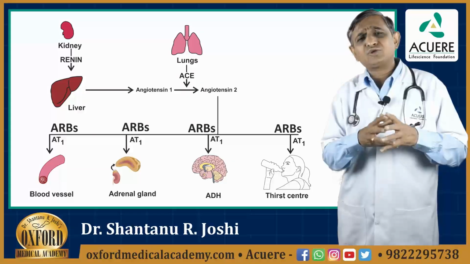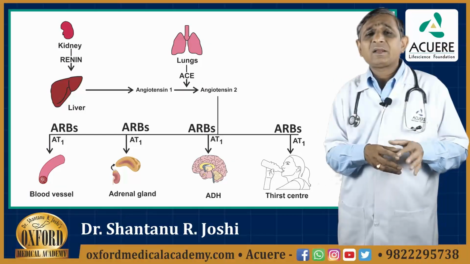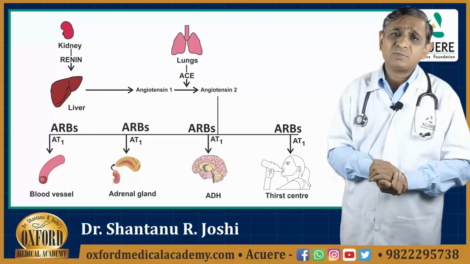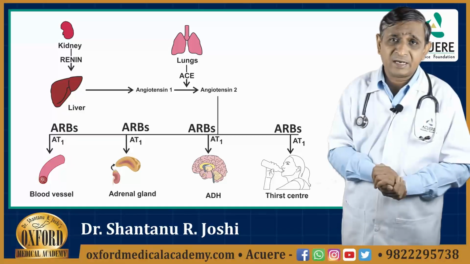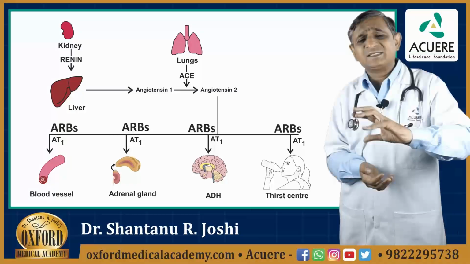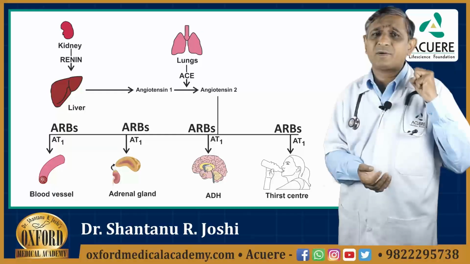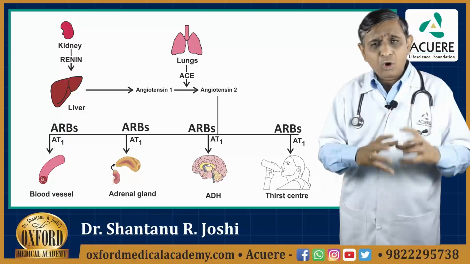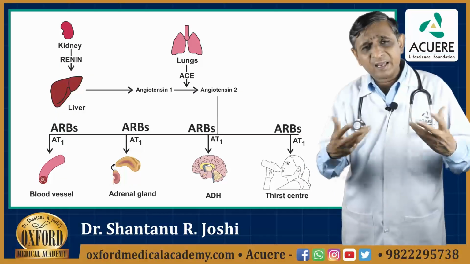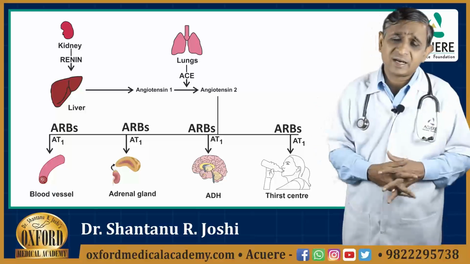Now the same angiotensin 2 increases the ADH secretion from the posterior pituitary, antidiuretic hormone. This antidiuretic hormone has a similar effect. It also retains sodium and water. Volume of the blood rises, cardiac output increases. Again, systolic blood pressure rises.